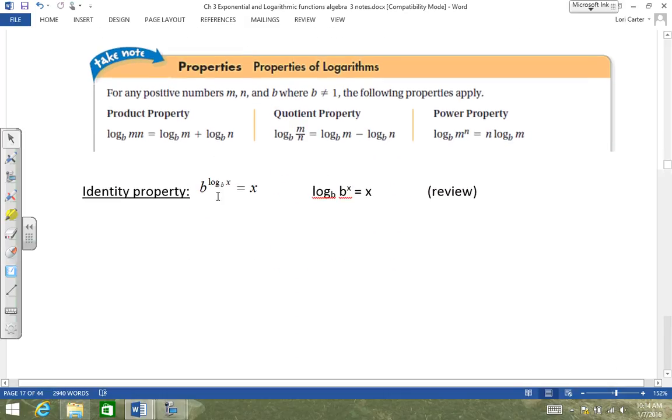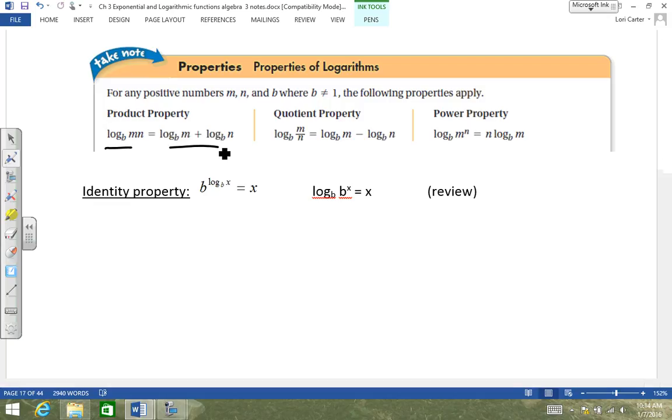Now, these are your rules. Voices are off. Now, these are the product rule, the quotient rule, and your power rule. It's what we just talked about. Okay, when I'm multiplying, what am I really doing with the exponent? Adding. So multiplication means addition of logs. So what would division mean? Subtraction.